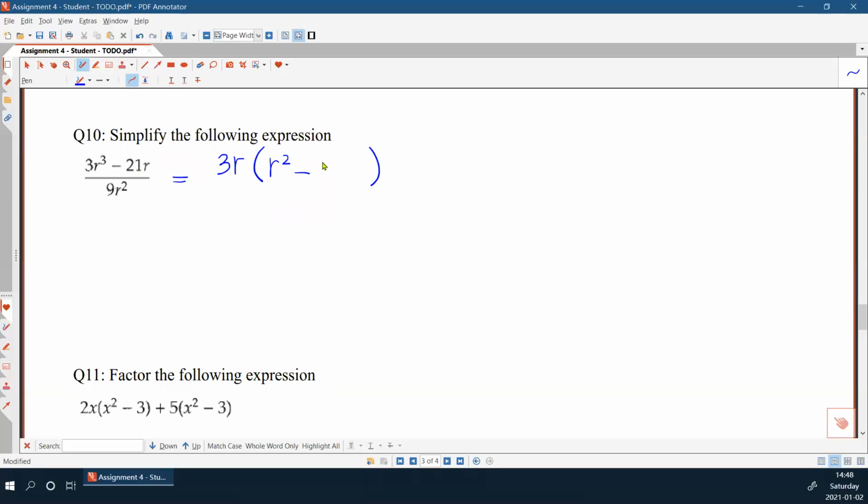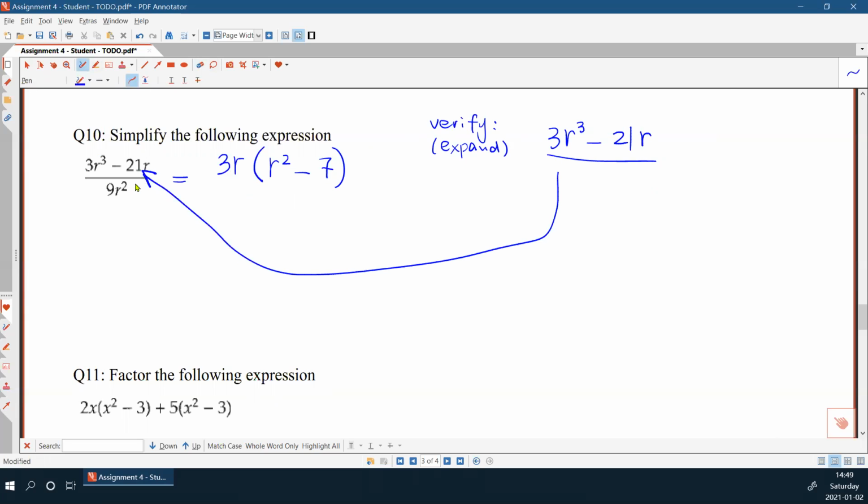And the next term, we have only a 7, right? And do remember that you can always verify. If you verify the result here, that means expand it. First term is 3r to the 3 minus 21r, which is the same as the numerator, right? So that means the factoring process here is correct.